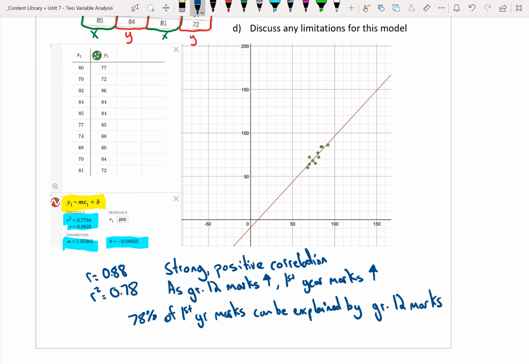And that means then that 22% is due to other variables, or randomness.